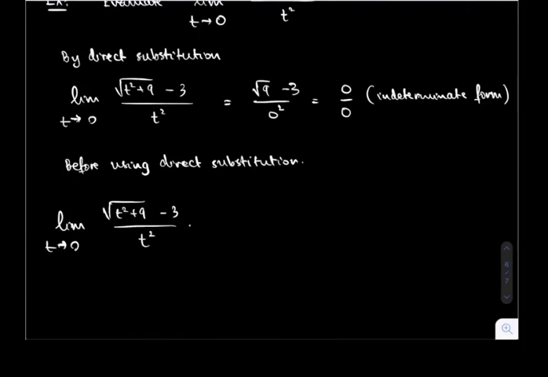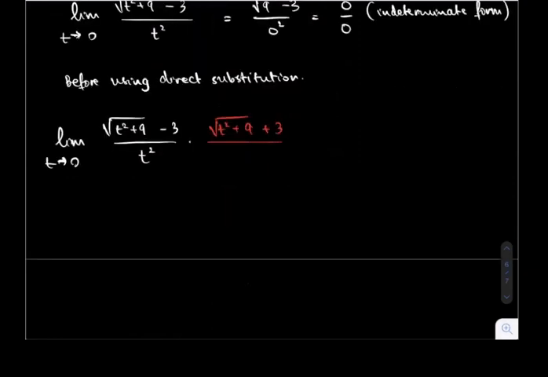The rationalizing process is that you multiply and divide by the square root of t squared plus 9 plus 3, the conjugate of the square root of t squared plus 9 minus 3.